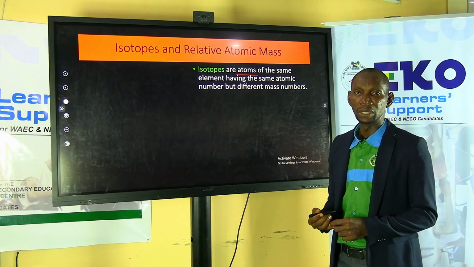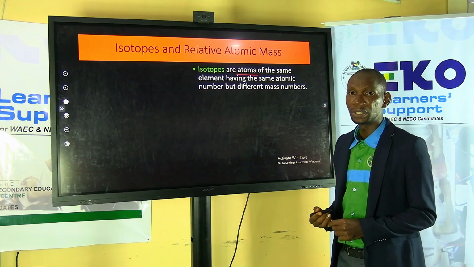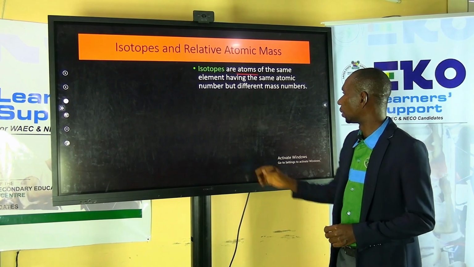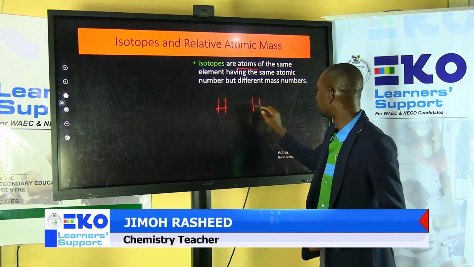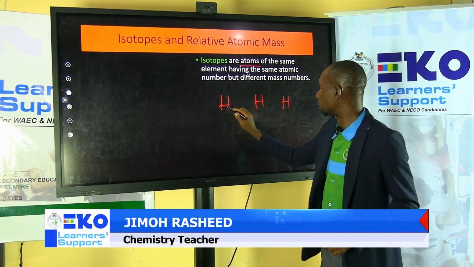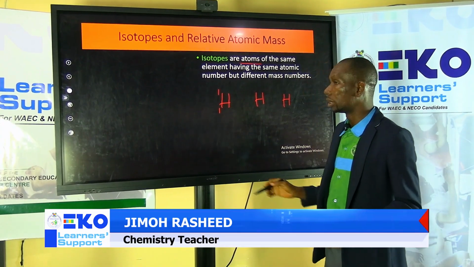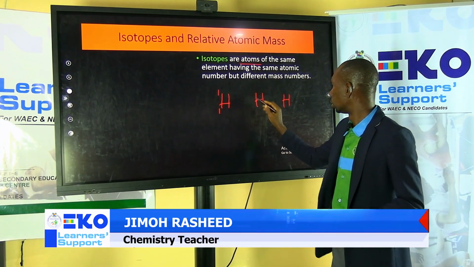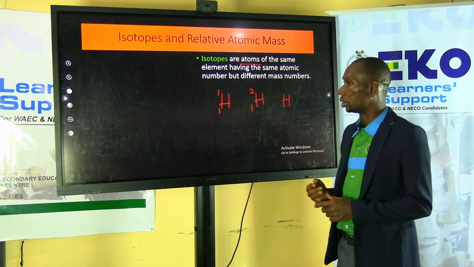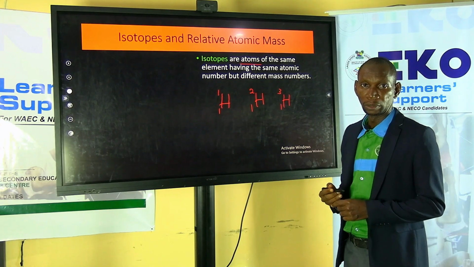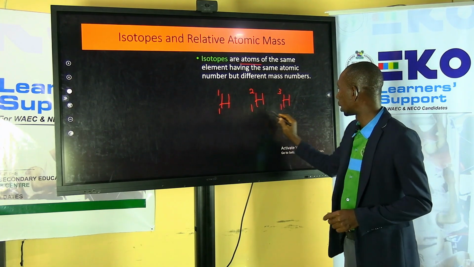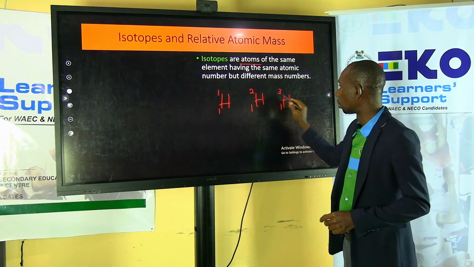They are atoms of the same element that have the same atomic number but different mass number. For example, you can have different isotopes of hydrogen. You have the normal hydrogen, which is 1,1. You have deuterium, which is hydrogen 2,1. Then you have tritium, which is hydrogen 3,1. So you can see that the atomic numbers are the same, but the mass numbers are different.